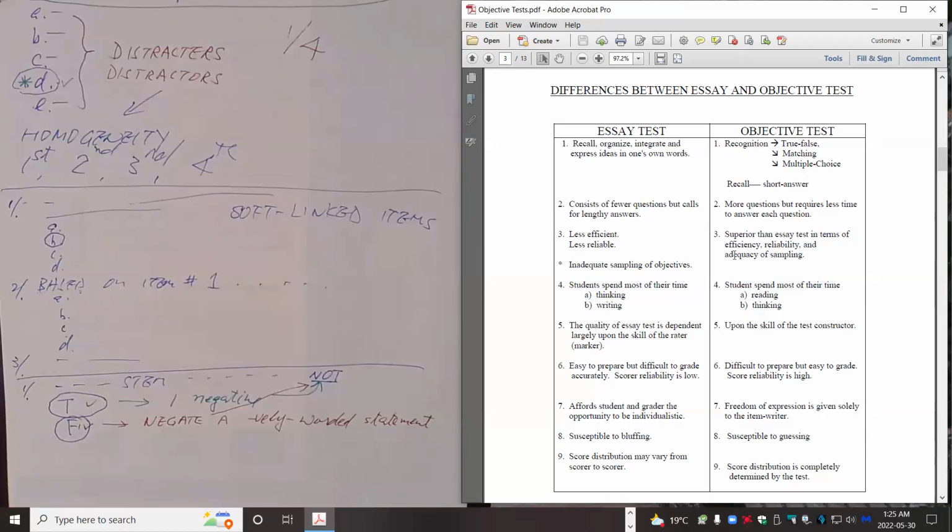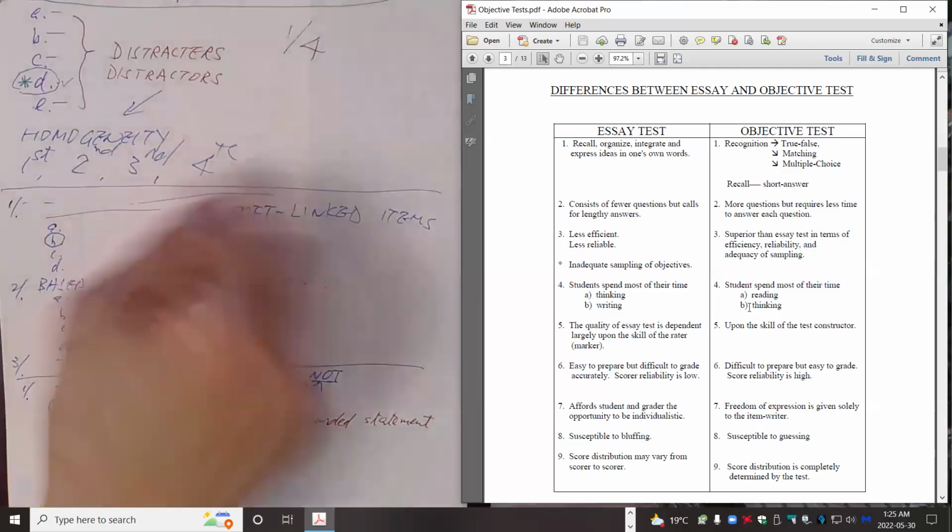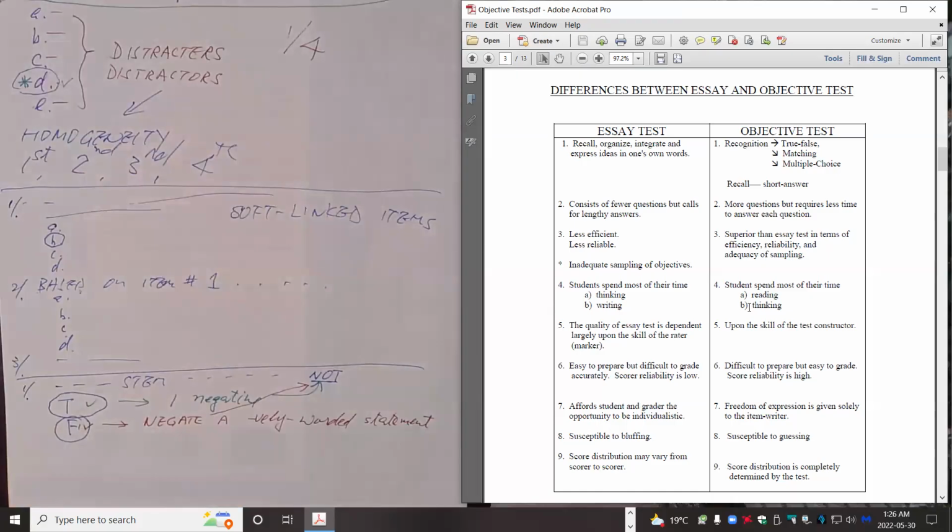This one here, adequacy of sampling, content sampling. Students, say test-taking behavior: students spend most of their time here thinking and writing. On the other hand, an objective test is reading and thinking, not much writing. Right, you just put a check mark, boom, okay? Okay. The quality of an essay test is what?